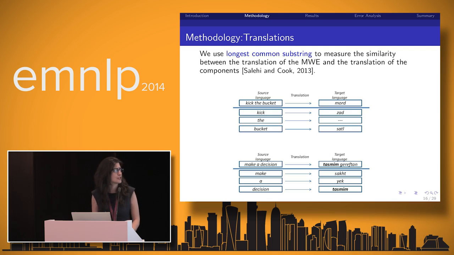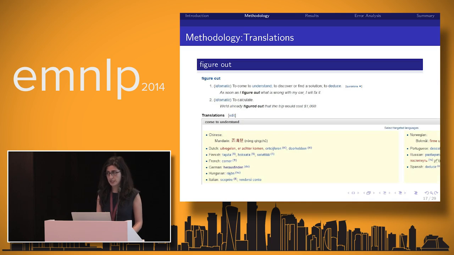But this is not the case for kick the bucket. When we translate kick the bucket, we cannot find the translations of its components in the translation of kick the bucket. Back to our example, figure out: we get the translations for figure out, and also for figure and out, and then we use the same string similarity approach to compare the translations of the multi-word expression and its components.